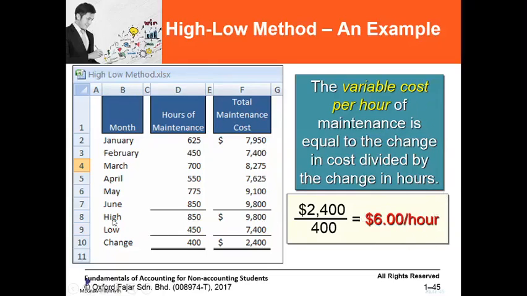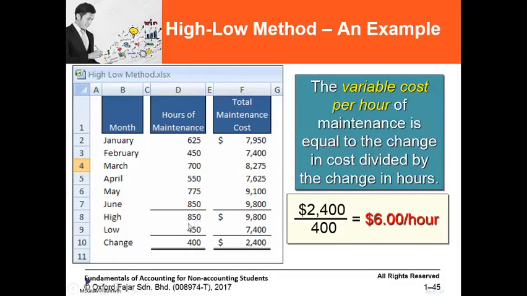So the highest point here will be 850 hours, which is in June. The total maintenance cost is 9,800, and the lowest point is 450 hours in February, which equals a total maintenance cost of 7,400.